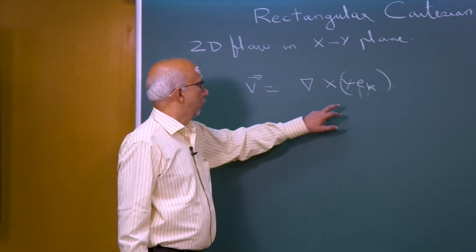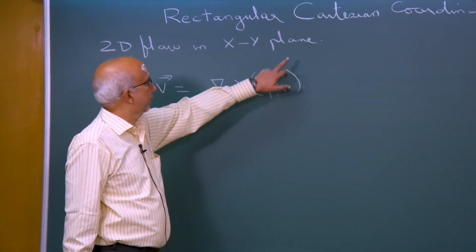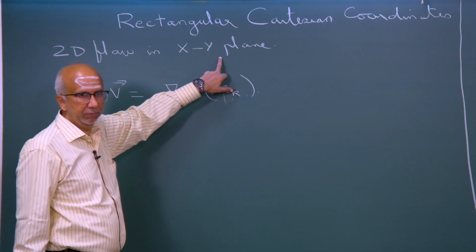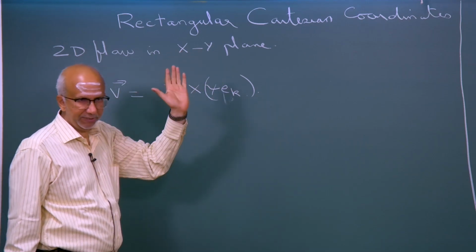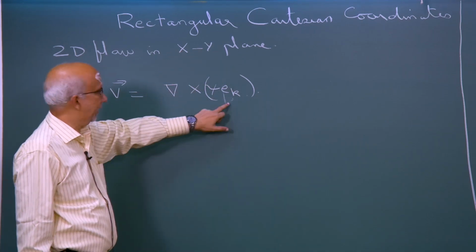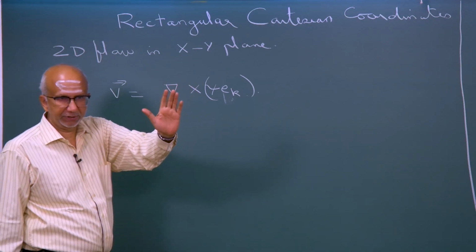So, basically I am looking at a vector whose kth component, the flow is in the xy direction, so there is no flow in the z direction, okay, and ek is the unit vector in the z direction.